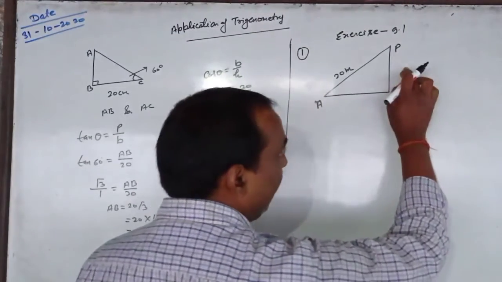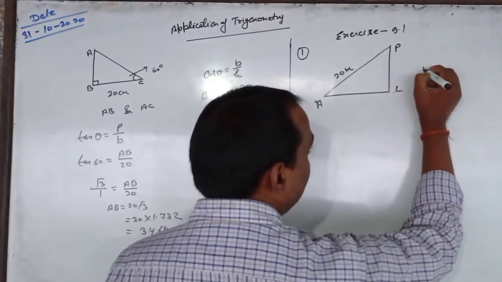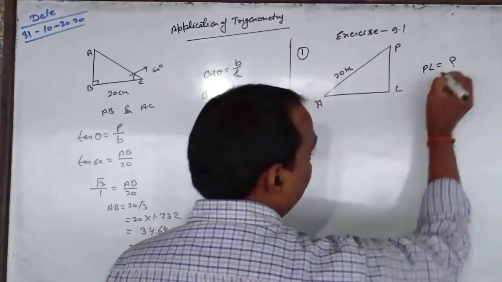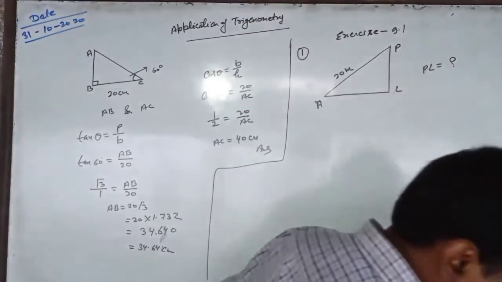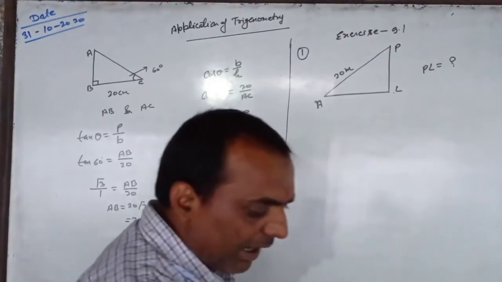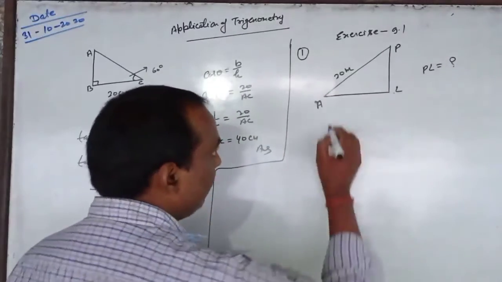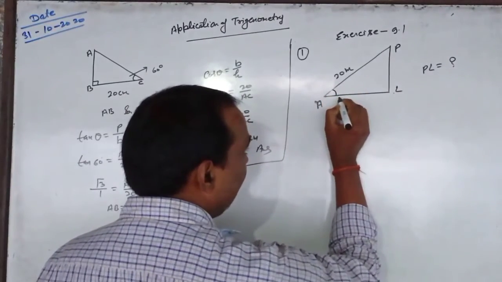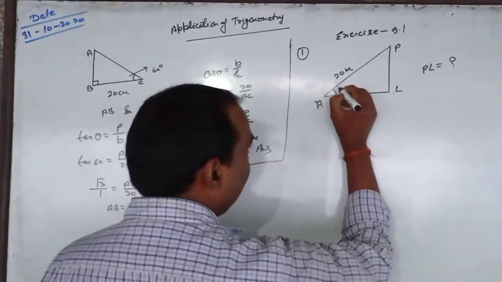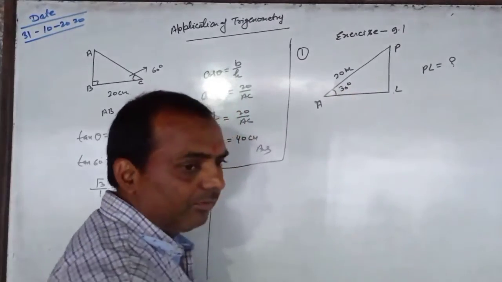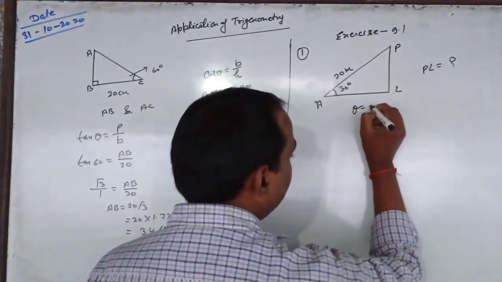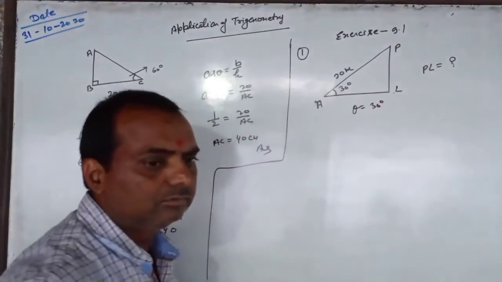Here we have to find the height of the pole, it means PL. If the angle made by the rope with the ground level is 30 degree, it means the angle between the rope and the ground is 30 degree. Here theta is given as 30.